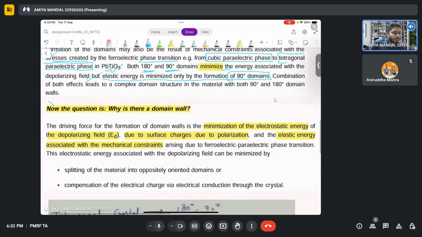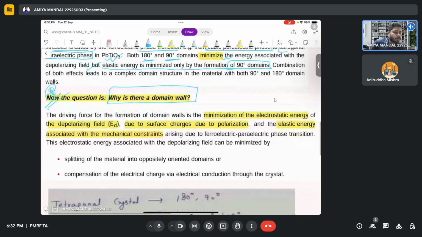Now, this is a very important concept you must learn. You must know why there is a domain wall: because of minimizing the energy. The driving force for the formation of the domain wall is the minimization of electrostatic energy of the depolarization field due to the surface charges of polarization, and the elastic energy associated with the mechanical constraint.